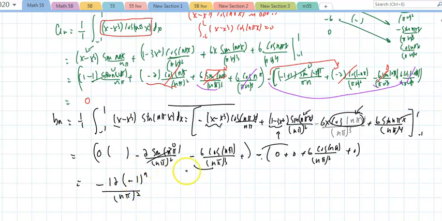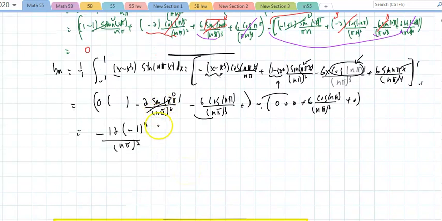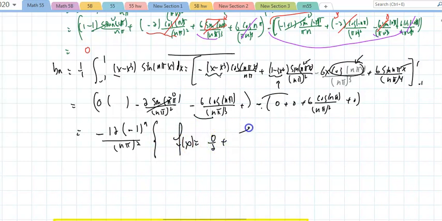And that means f of x equals 0 over 2 plus the series n equals 1 to infinity, a sub n is 0, plus b sub n. b sub n is a negative 12 times negative 1 to the n over n pi squared times the sine of n pi x.